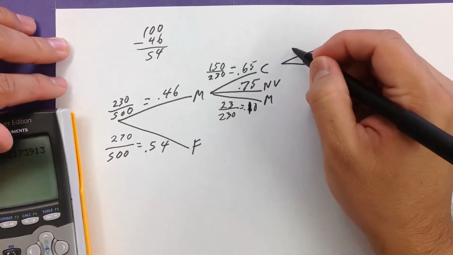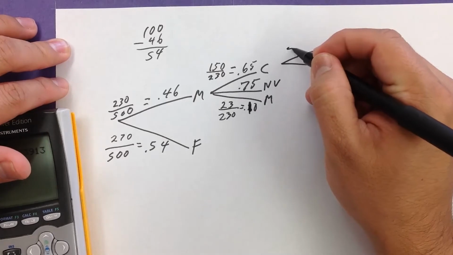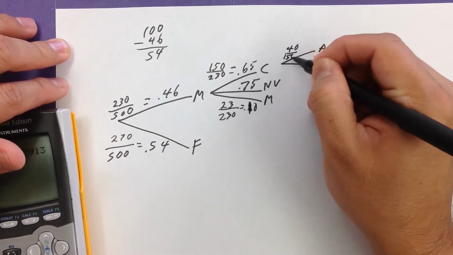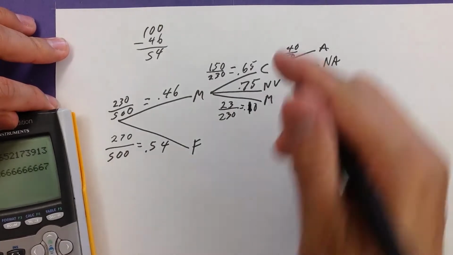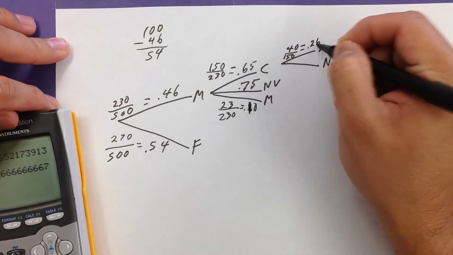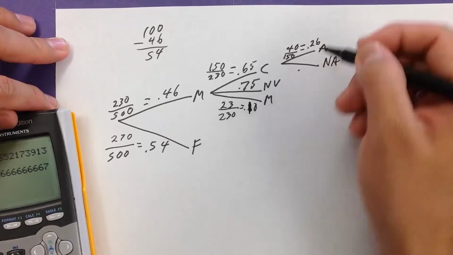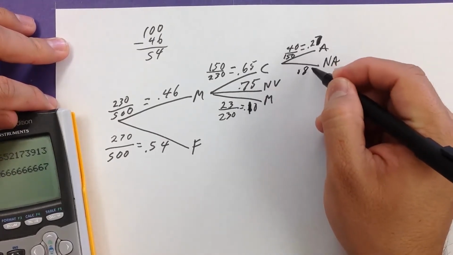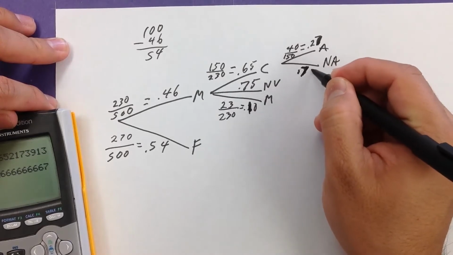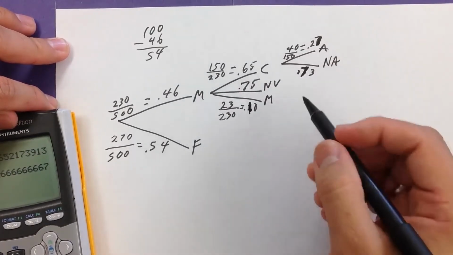So let's see, we have out of the 150 cars, 40 of them got into accidents. So it's 0.26, and then of course, actually 0.27. Sorry. So that's 73%.